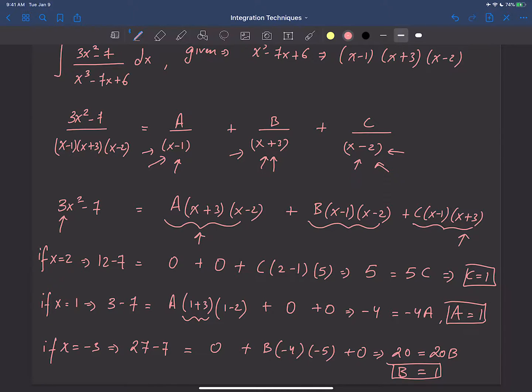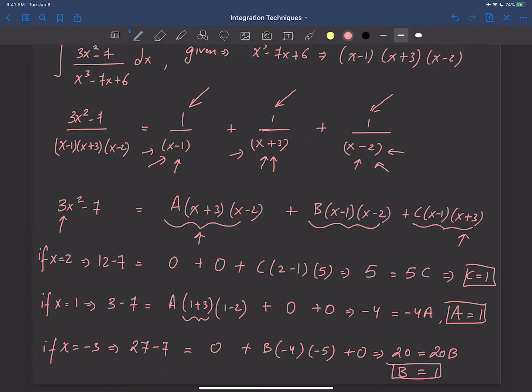So with all of this, we can plug in the a, b, and c values into the expansion. So we can write this as 1, 1, 1. That was easy. And if you're trying to integrate this expression, it's a piece of cake using the chain rule of integration.